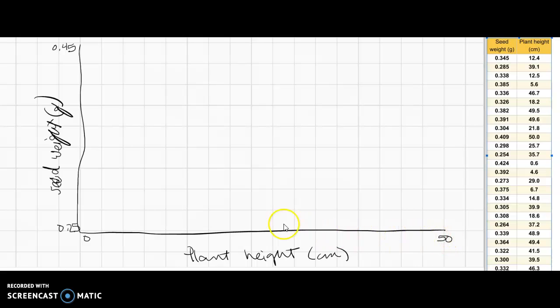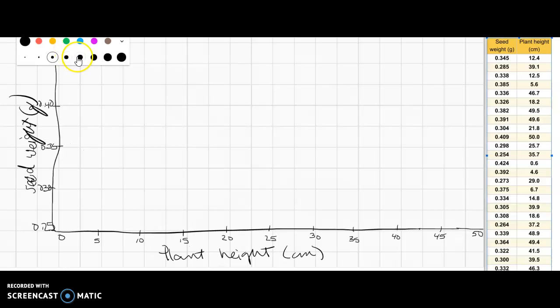So our first point, alright, I just filled in the axes there with my values, and my first point is at 0.3545 and 12.4, so that's going to be around here.